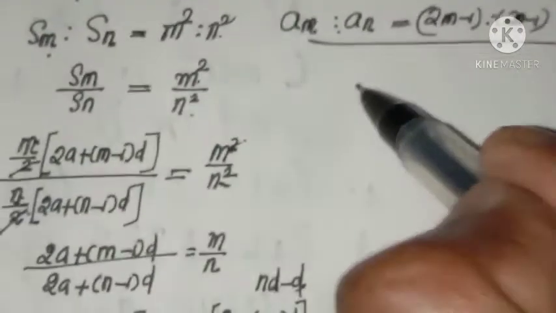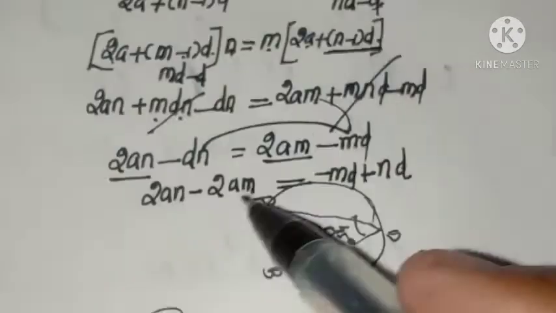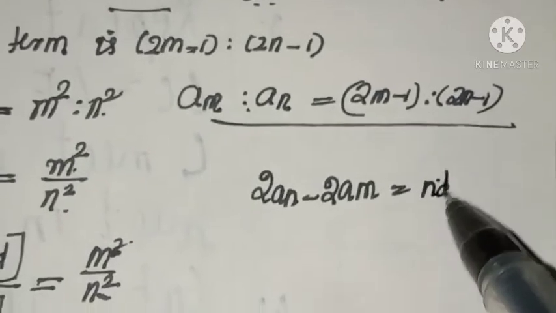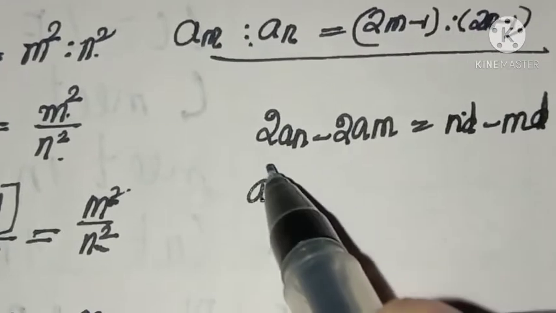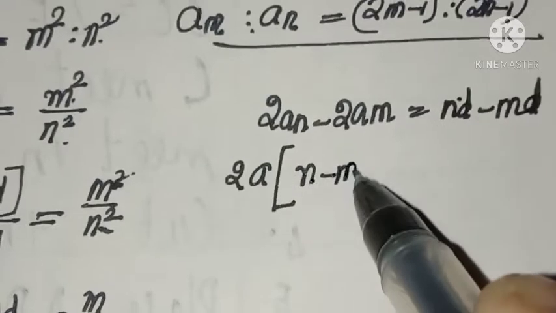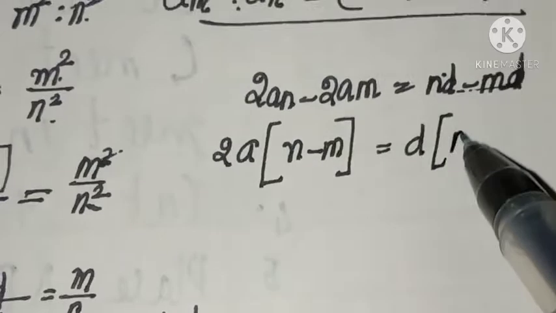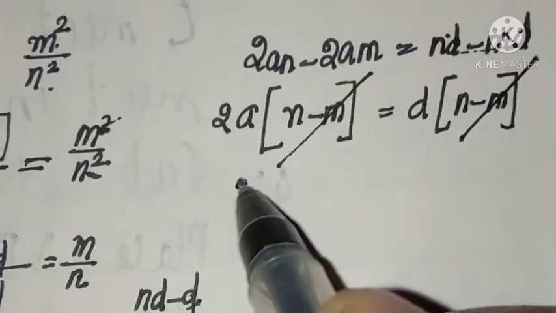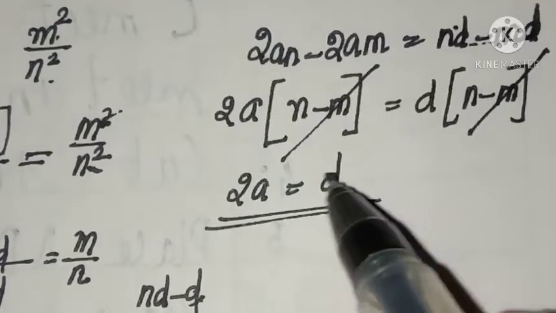So we have 2an minus 2am is equal to nd minus md. Now here a is common and 2 is common, take it outside. So 2a into n minus m is equal to, d is common, d into n minus m. Now cancel this n minus m. We get 2a is equal to d.